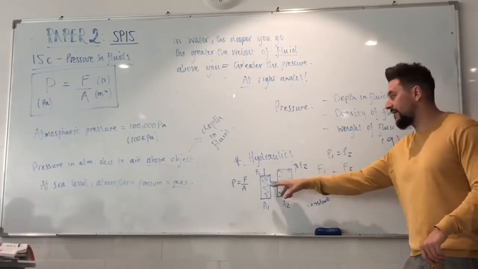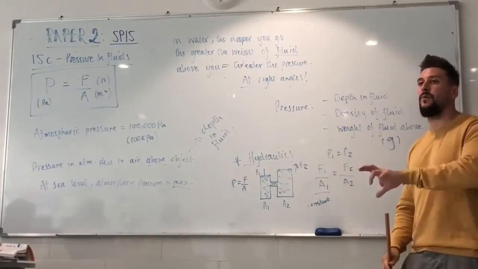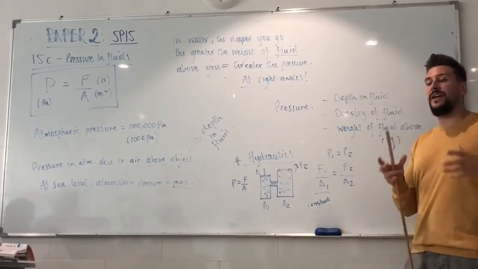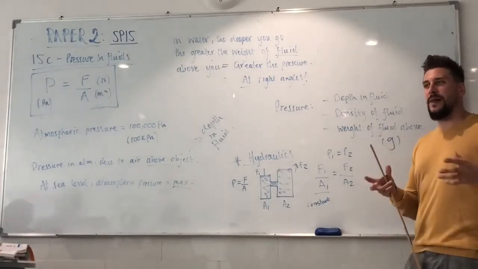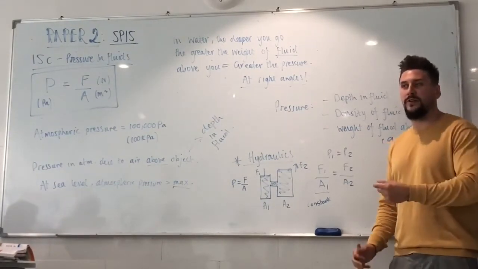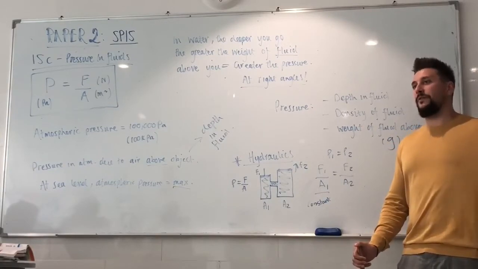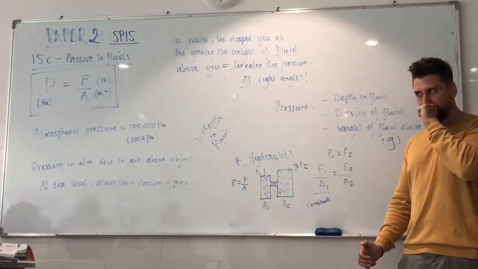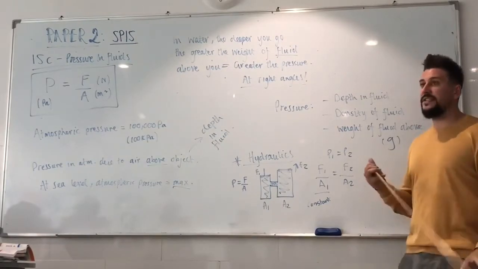Because they're connected by the same fluid, the pressure of fluid in the first one is equal to the pressure in the second one. Because the second one has a larger area, if you apply a small force on the small area, you'll receive a big force on the big area in order to keep the values the same. Okay? And that's 15c.